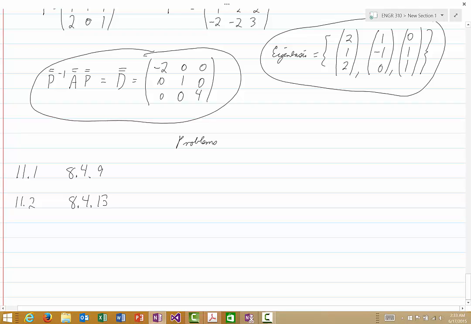Now that second one is a 3x3 case, but because of the zeros in the matrix, it will be considerably simpler than the problem we just did. So those are the two problems, and that will finish lecture 11. And so that's it, and good luck.